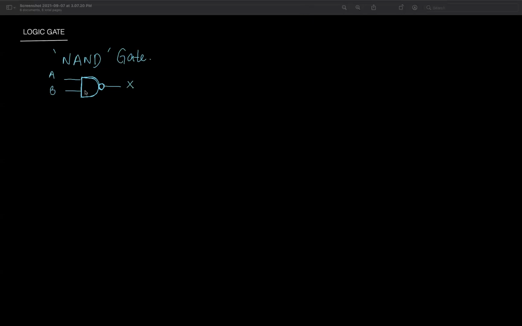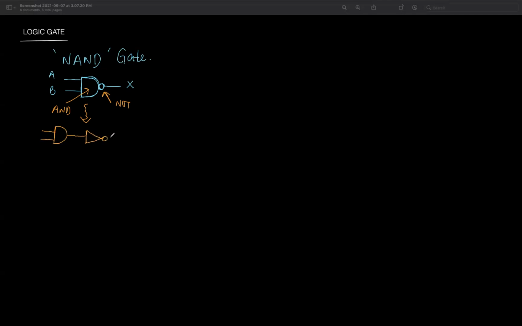Okay, so this is, let me draw it here. This is the AND gate, and this is the NOT gate combined together, meaning that I can draw this as well. It's like an AND gate, and then I join to another one in front.